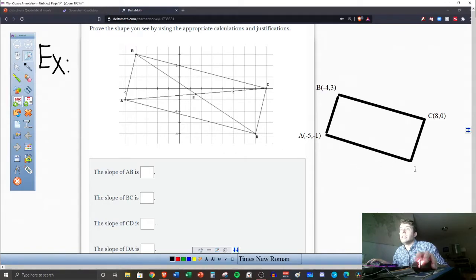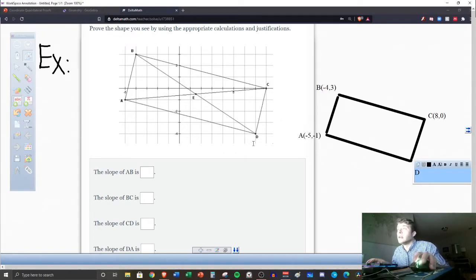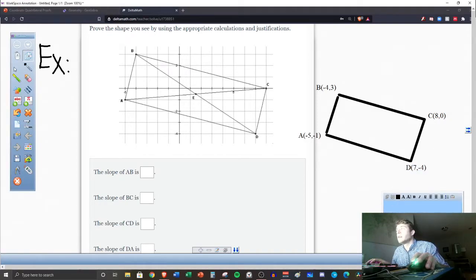And then lastly, D is going to be 7, comma, that is -4. All right, so we have our rectangle in here.